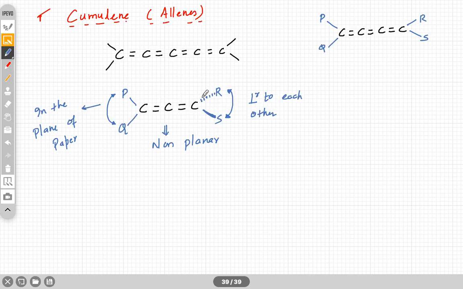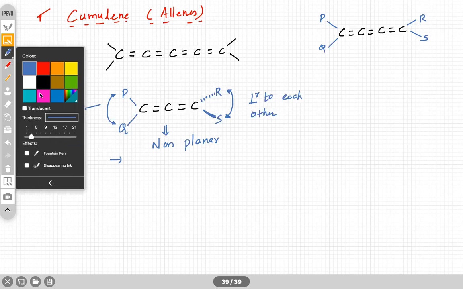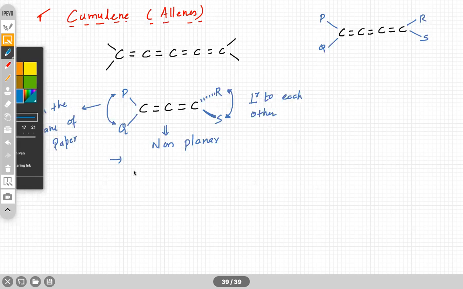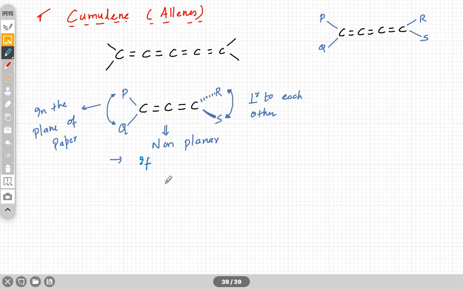Non-planar it is, this won't show geometrical isomerism, I'll do that later. If we have three conditions, P equals Q and R equals S, then we have two planes of symmetry possible.